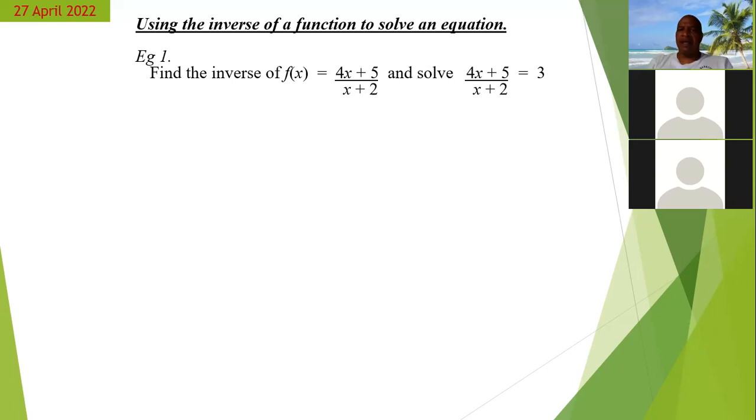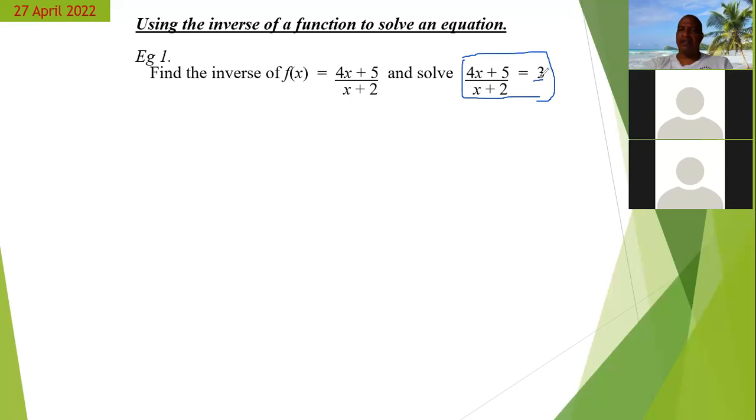Now, anybody have any idea why we are able to do this? Why is it that you think we can find the inverse of a function and use that inverse function to solve? Now, if you remember what the inverse function does, the inverse function takes the y value and gives you back the x values. So this equation equates to a y value, and the y value is 3.